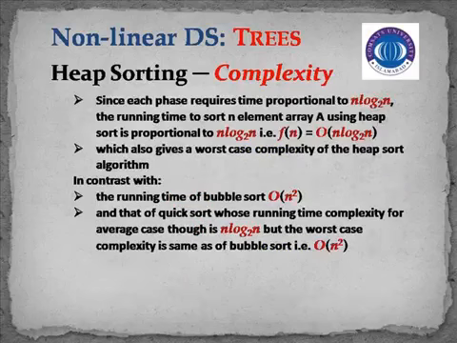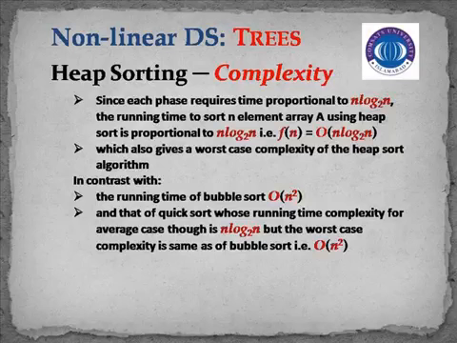Since each phase requires time proportional to n log n, the running time to sort an n element array A using heap sort is proportional to n log n. That is, f(n) is big O of n log n, which also gives a worst case complexity of the heap sort algorithm, which belongs to the linear logarithmic efficiency class.